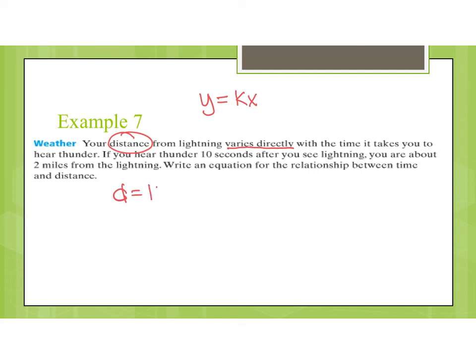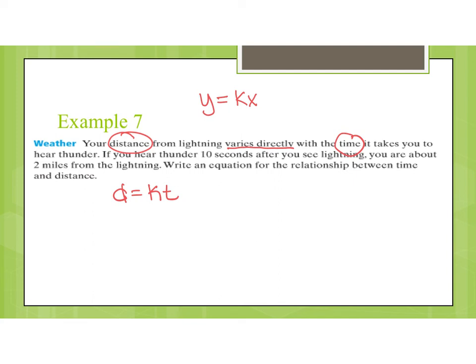K is that constant of proportionality, so that will always stay the same. That's always a k. So I'm told that distance varies directly with time, so I'm going to plug in a t for x. That way, as you'll see here in a minute, it's easier to know where you plug in your variable if you use variables that make sense.